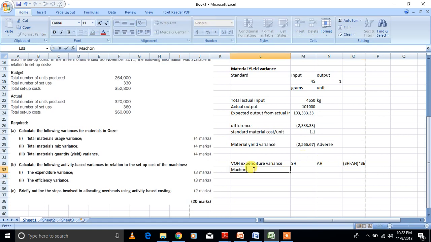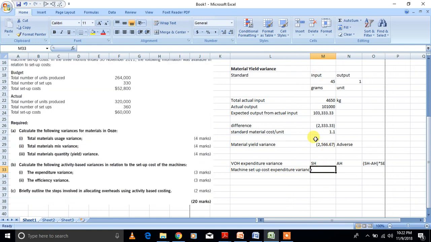Machine setup cost, expenditure variance. Like standard hours, what are we going to have here?